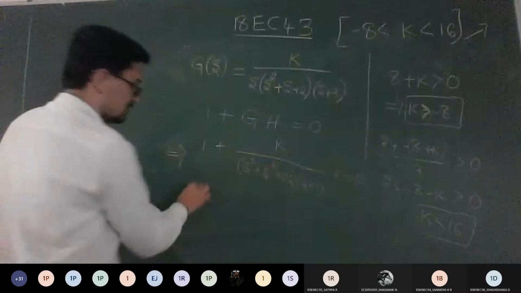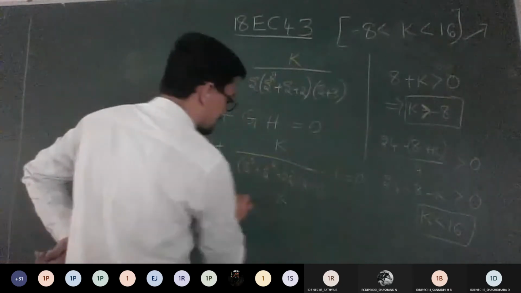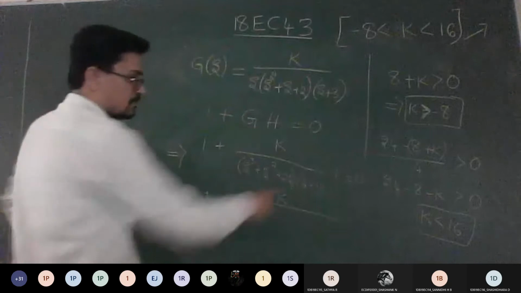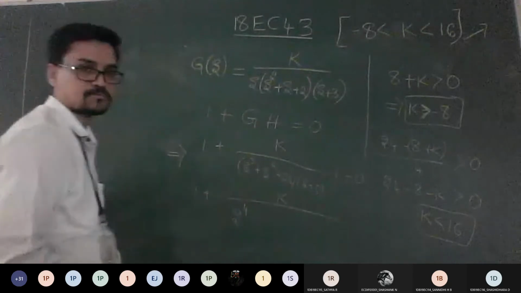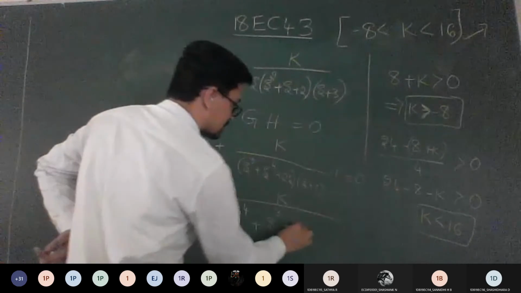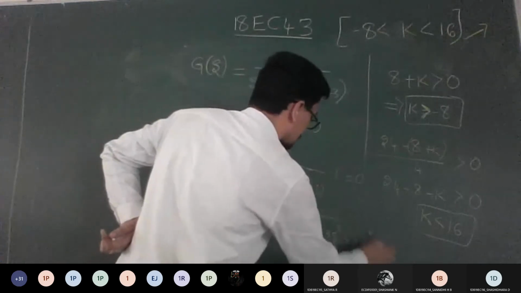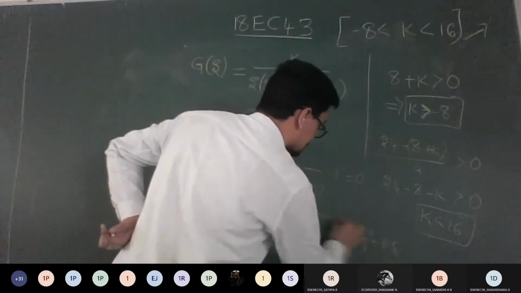Again you can multiply here: k divided by, s power 4 plus s cube plus 2s square plus 3s cube plus 3s square plus 6s.